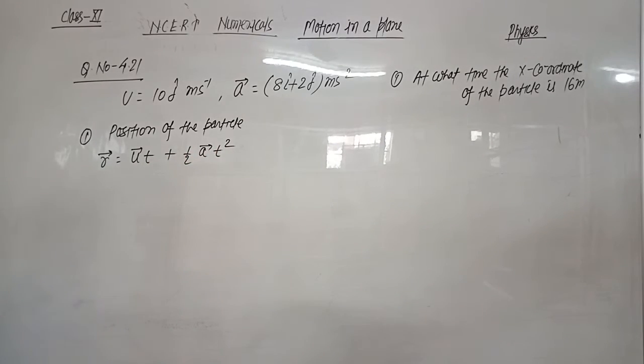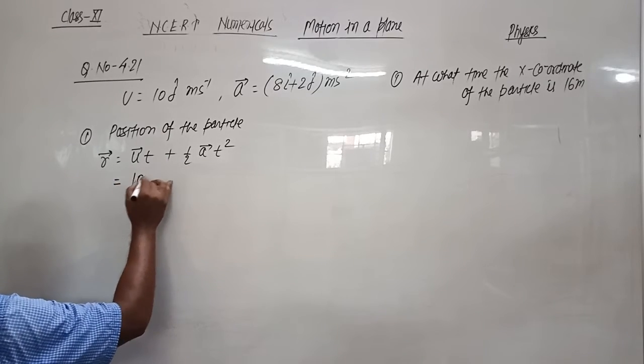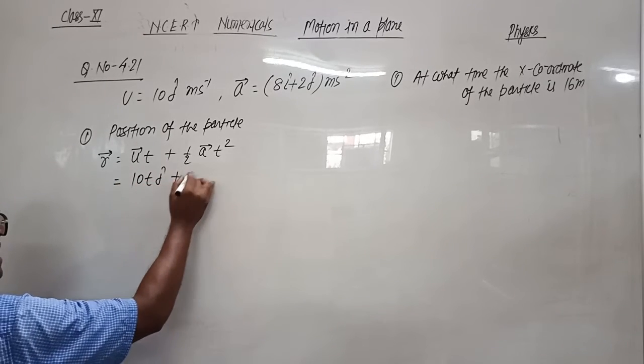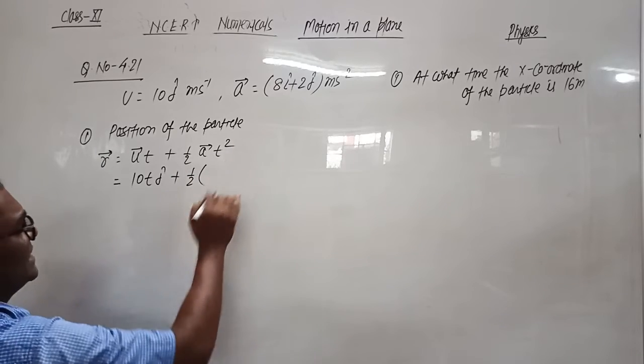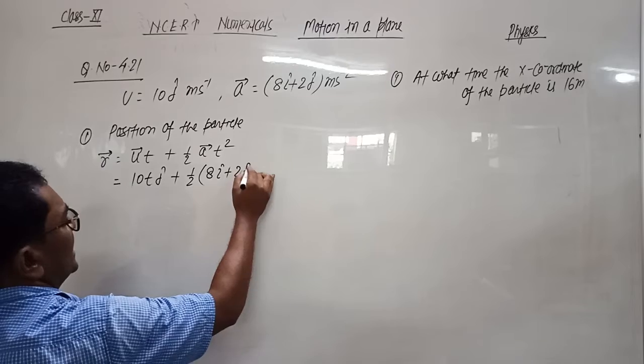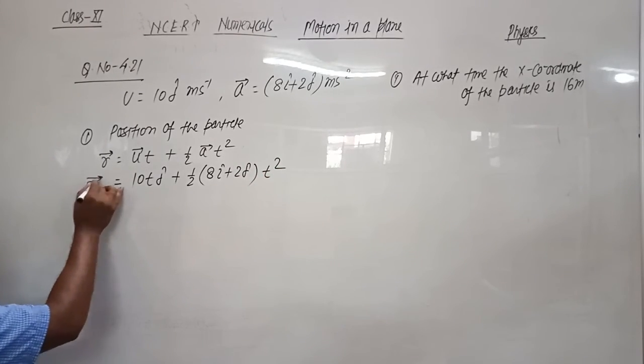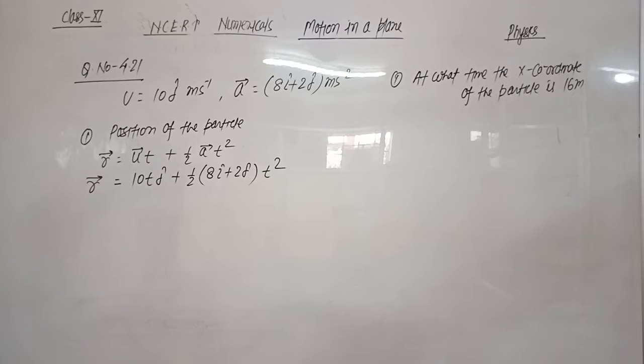The u vector is given as 10t j cap, and the acceleration vector is 8 i cap plus 2 j cap. This is the r vector: r vector equals 10t j cap plus half a into t square.